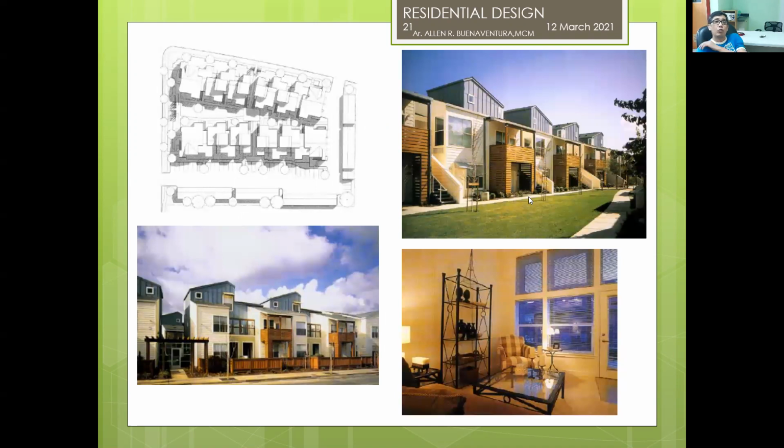So this is another solution, similar to what I have shown. There is a communal parking space, and these are the units. You can see there is no evidence of parking space on each unit, but they have a communal parking area. So this is also one solution for creating multi-dwellings or multi-residences or communities, where you segregate the vehicular parking from the residential areas.